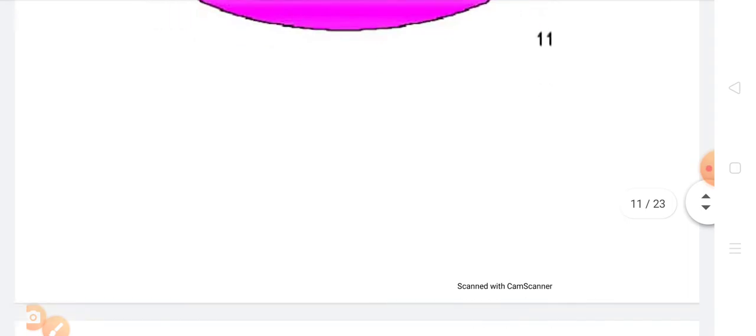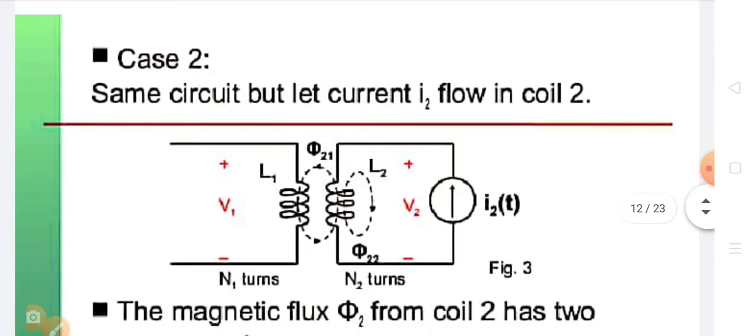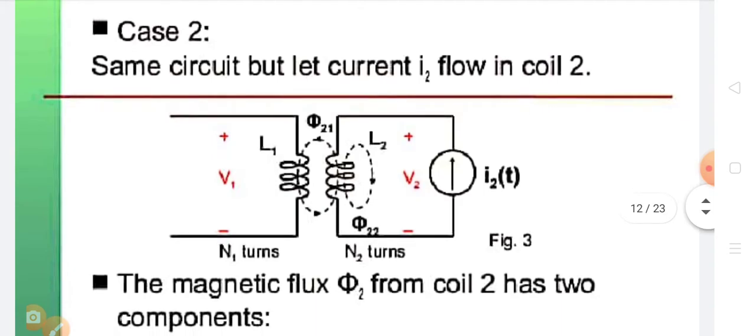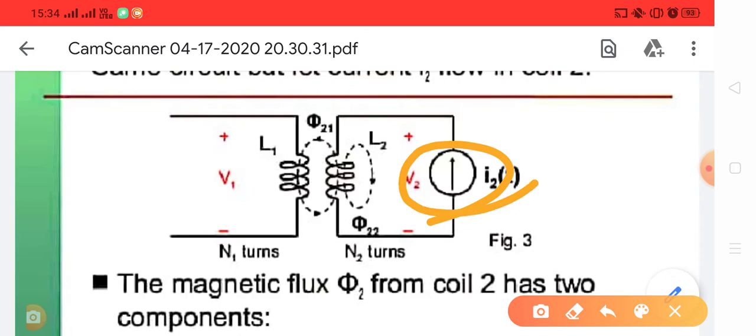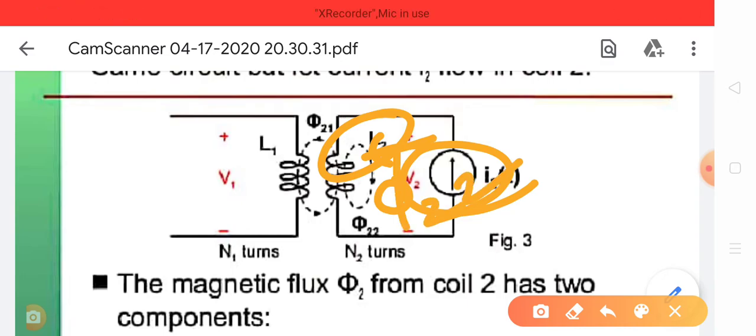Next, if you see the second case, similar to that, here the current I2 is in the second condition. You can give the current to the second coil, that is L2. Based upon the current flowing in the second coil, there will be one self-induced flux, that is φ22, and this flux affects the L1 coil also.